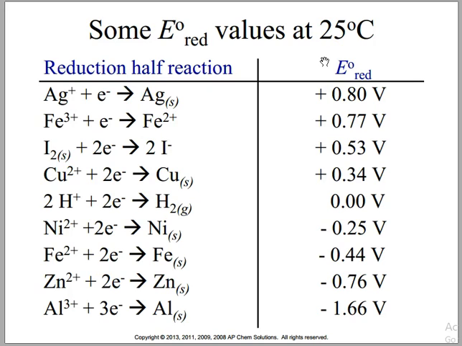Okay? There's also a more complete list of these in your textbook. And these are all reduction potentials, but in order to have the oxidation all you need to do is reverse the sign.